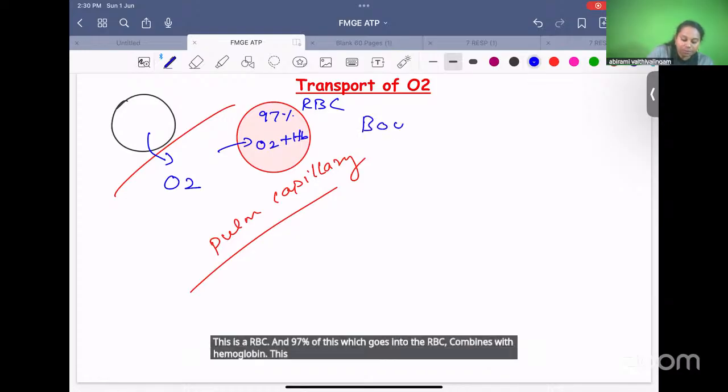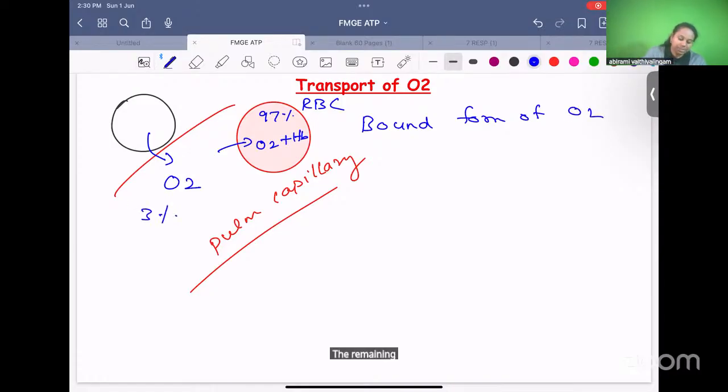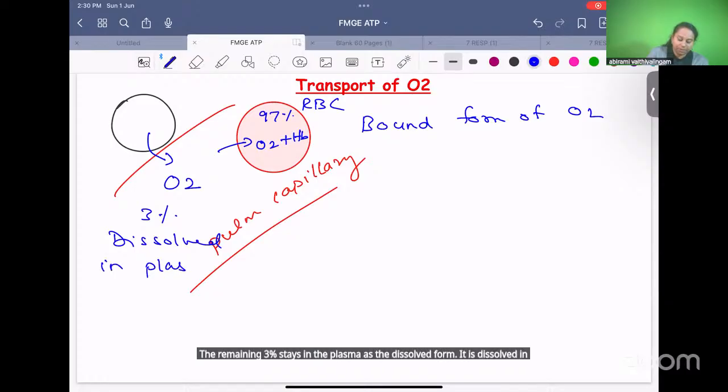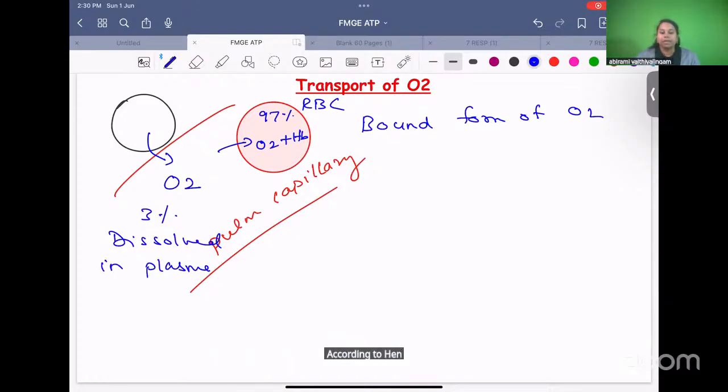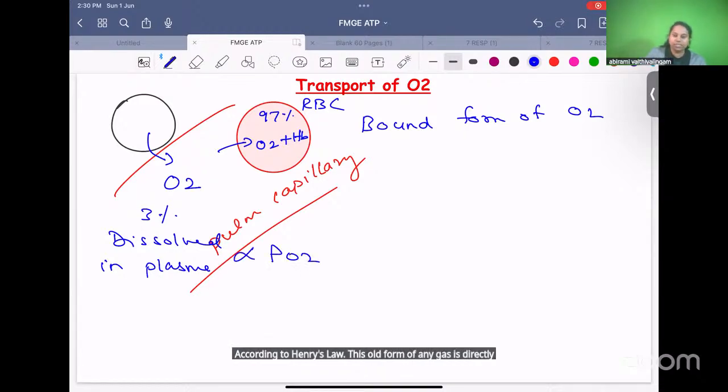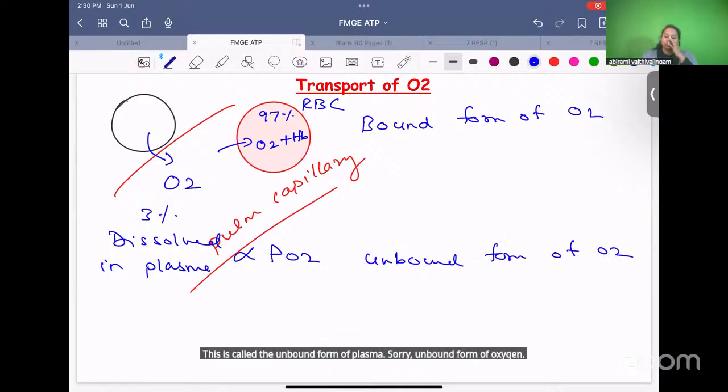This is called bound form of oxygen. The remaining 3% stays in the plasma as the dissolved form. It is dissolved in plasma. According to Henry's law, dissolved form of any gas is directly proportional to its partial pressure. This is called the unbound form of oxygen. So bound form 97%, unbound form 3%.